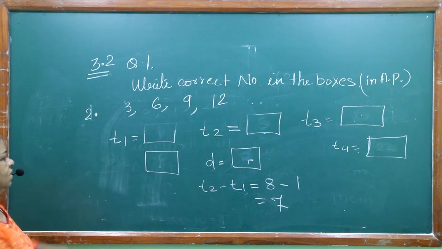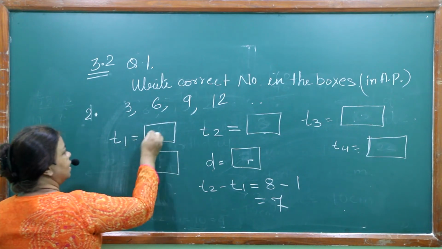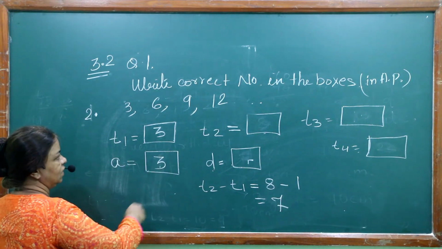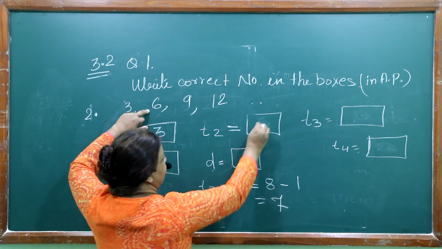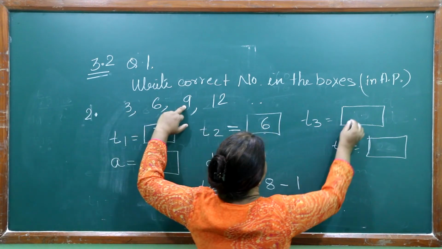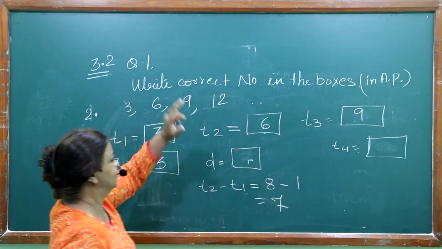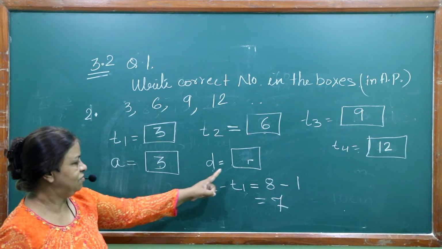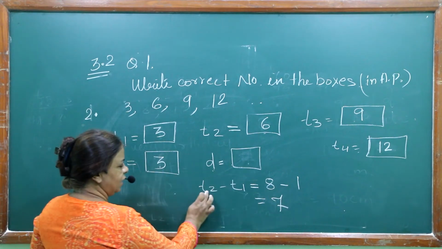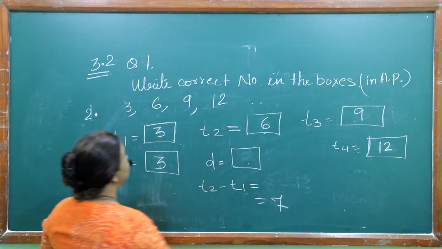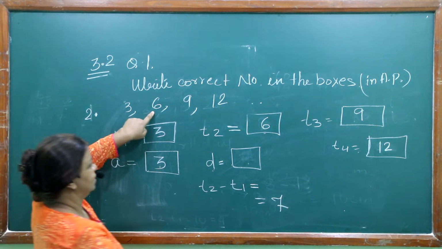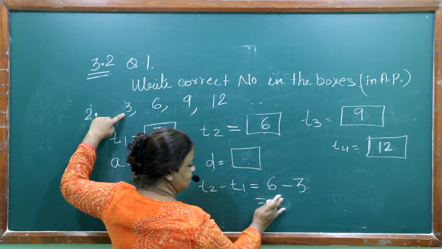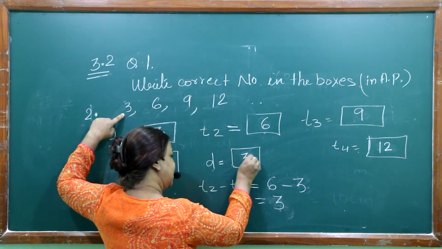So T1 is equal to 3, which is nothing but A. Yes. T2, yes, correct, 6. T3, 9, you are again right. And T4, once again, you are right, 12. And if you want to find out D, T2 minus T1, what is T2? T2 is 6. So I'll write 6 minus T1, that is 3. 6 minus 3 is 3. So I'll write here 3.